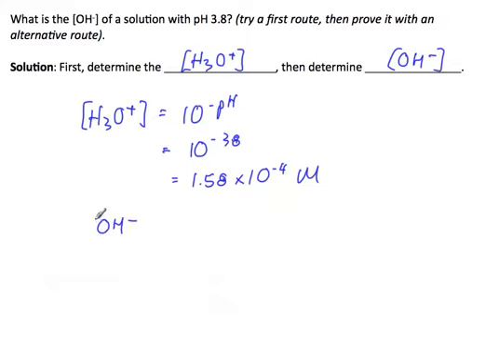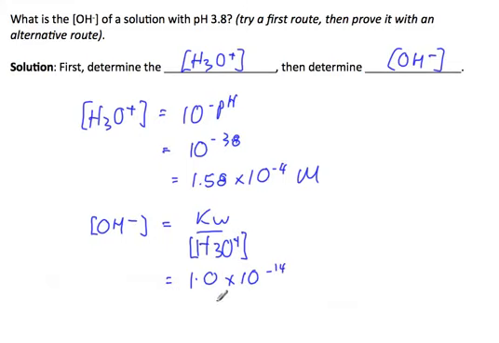The second step to find hydroxide, which we've already done as well, is Kw divided by hydronium. So 1 times 10 to the minus 14 divided by 1.58 times 10 to the minus 4. When we do that, we get a hydroxide ion concentration of 6.31 times 10 to the negative 11 moles per liter.